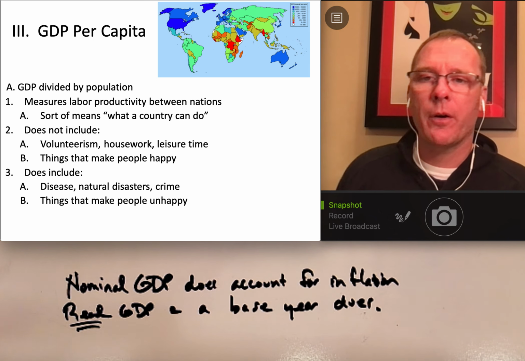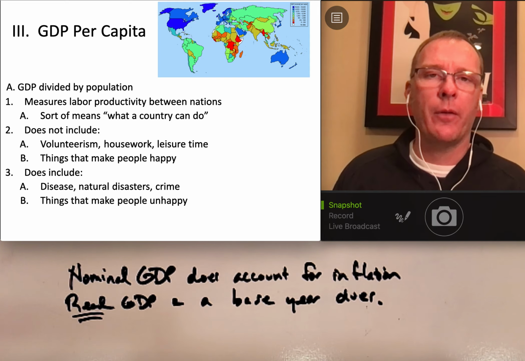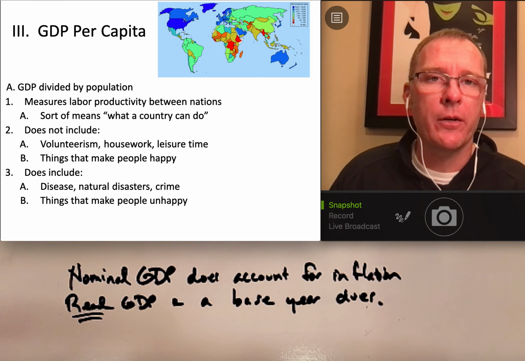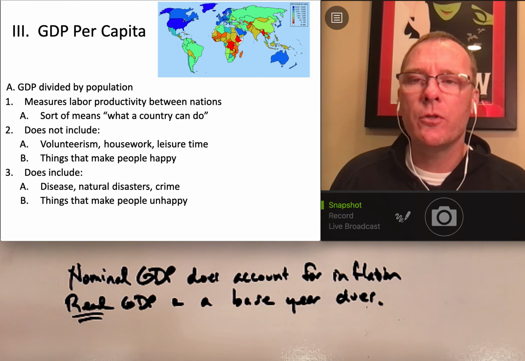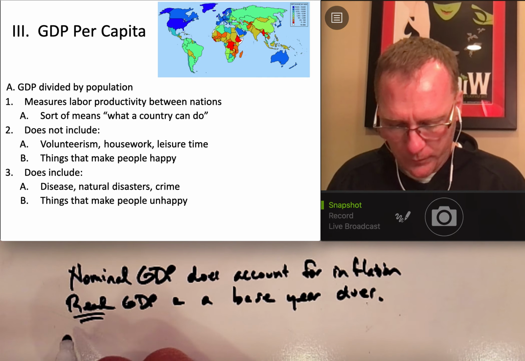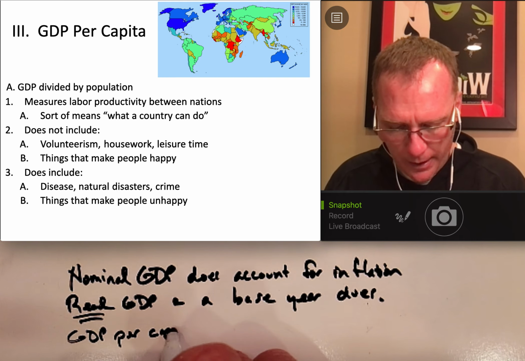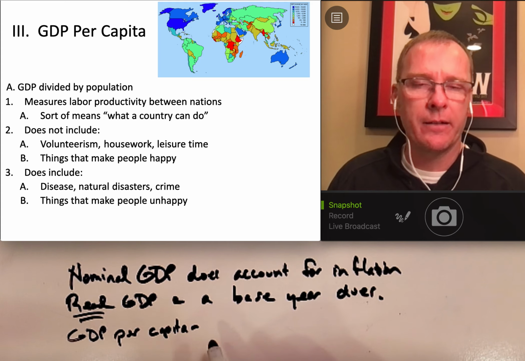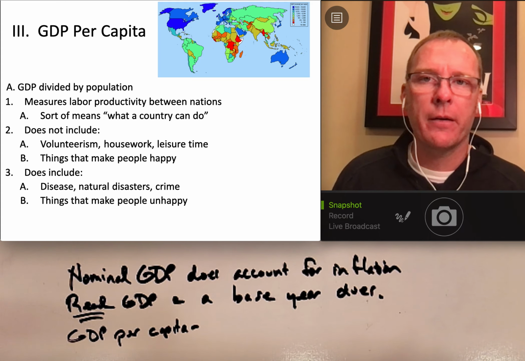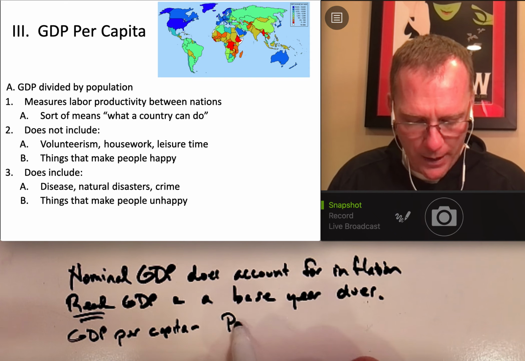Now, GDP per capita. What's going to happen if we take GDP per capita, like before when we were going to compare GDP across countries? If I use GDP per capita, I can make a better comparison among countries, because now we're dealing with population.